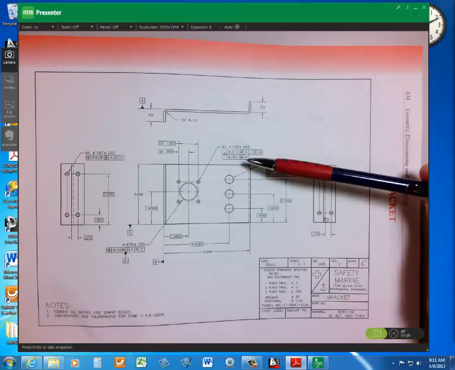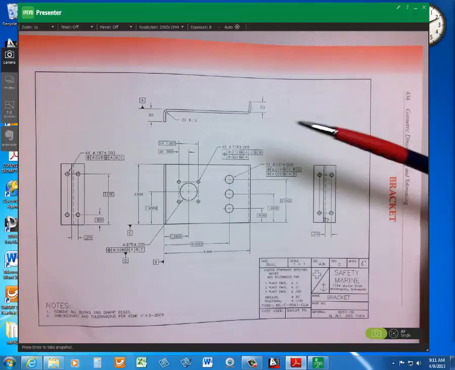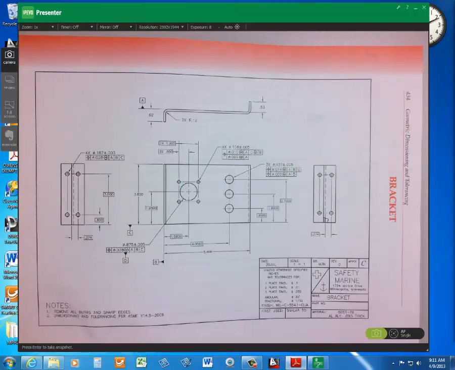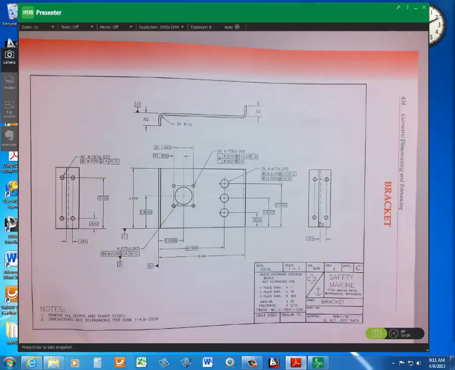So each hole must be in position within the pattern at 2 thousandths of an inch diameter tolerance zone at max material condition. Very tight control, a whole lot tighter than this. So the hole is allowed to fluctuate quite a bit, 14 thousandths off of the axis. And the pattern of holes is allowed to be within 10 thousandths of that, but each hole has to be within 2 thousandths of that.